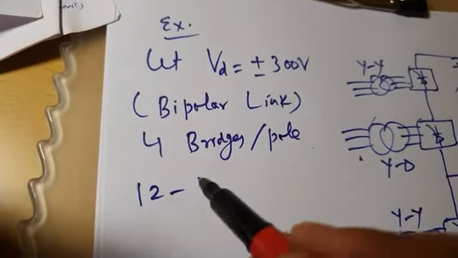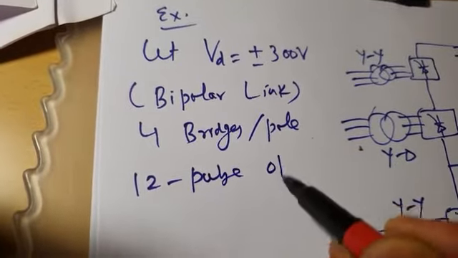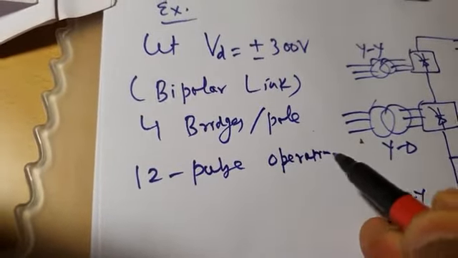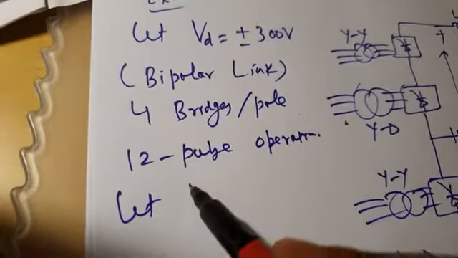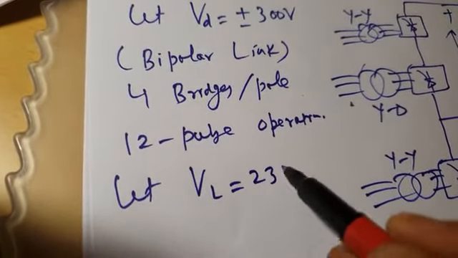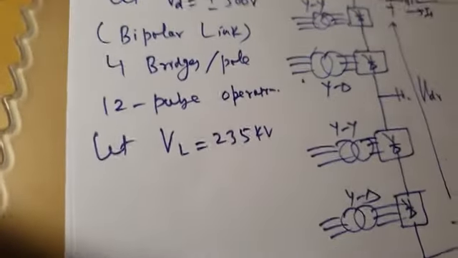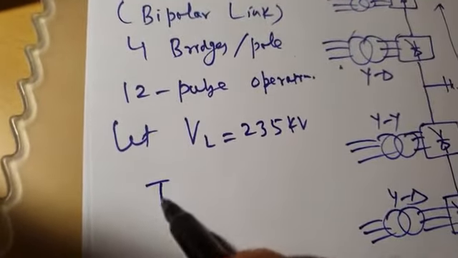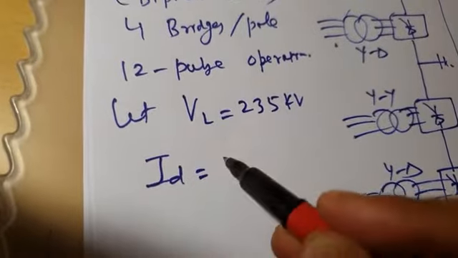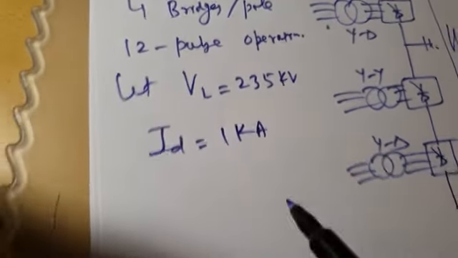It is a 12 pulse converter operation. Let the line voltage be 235 kV, that is, the AC side line voltage is 235 kV, and let the transmission line or DC line current be 1 kiloampere. So this is the given data.